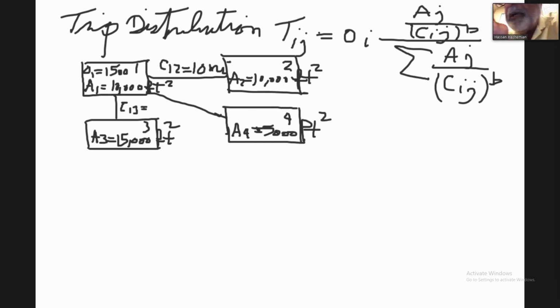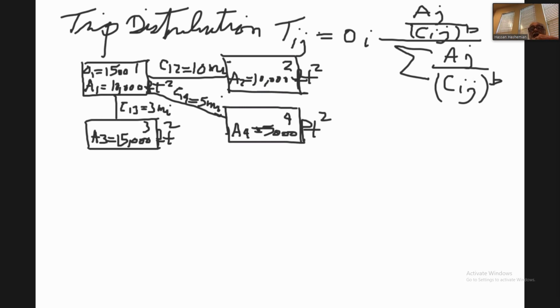No, I'm sorry, 3 miles. And from 1 to 4 is 5 miles. So those are the distances between these zones.